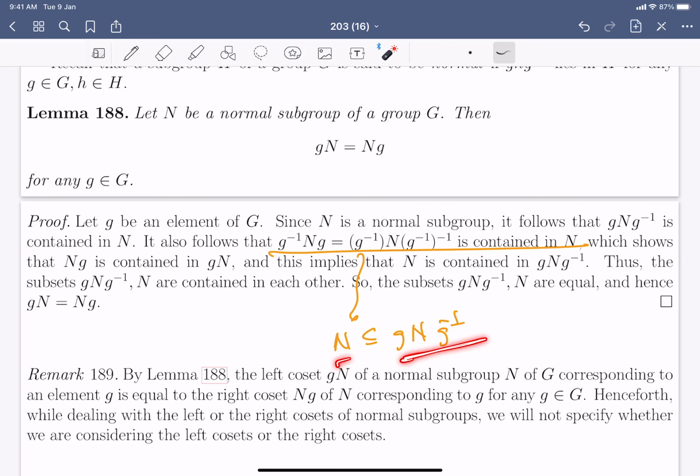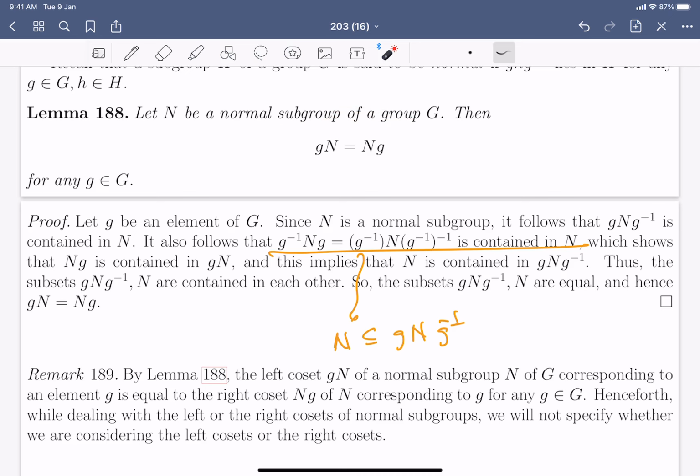So N and gNg inverse have to be equal. They are contained inside each other, so they have to be equal, and hence gN is the same as Ng. And that is what this lemma says.